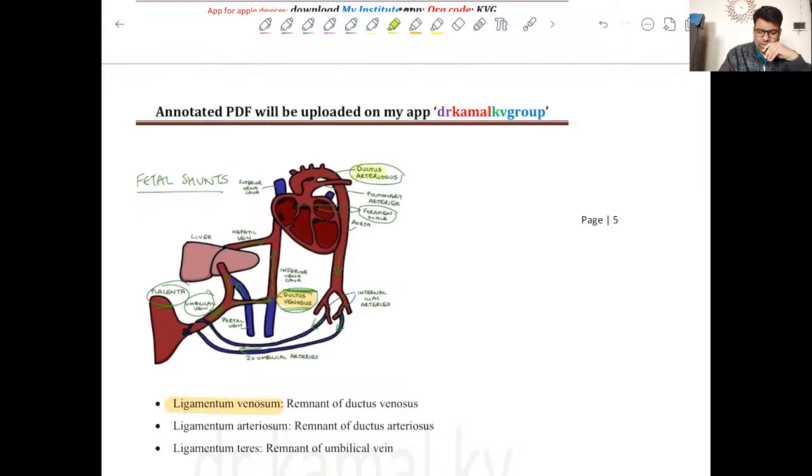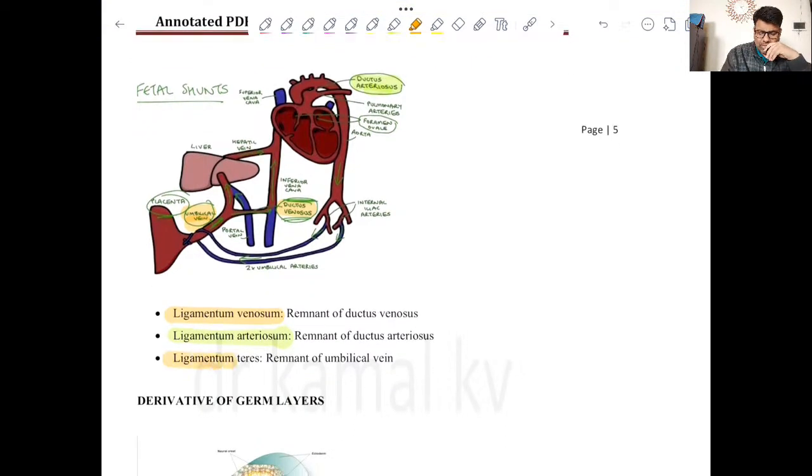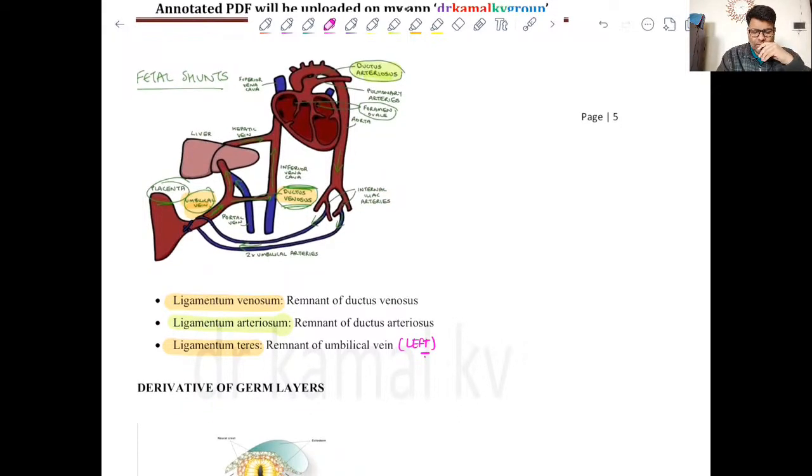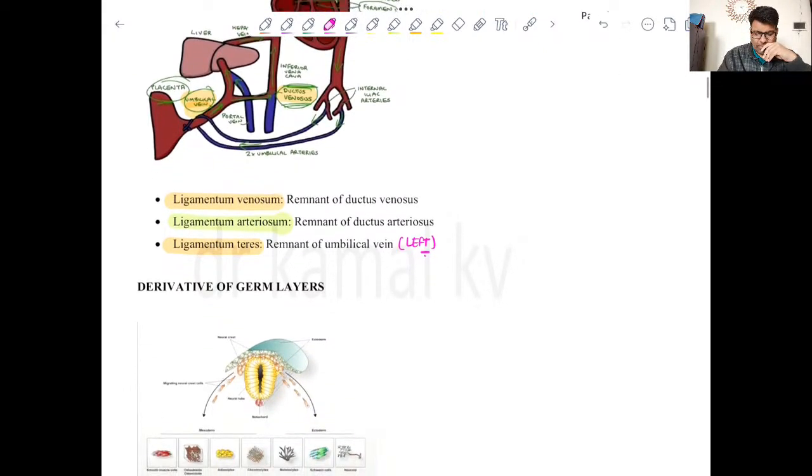Another important structure in fetal life is ductus arteriosus, which persists as ligamentum arteriosum, and one structure is left umbilical vein, which persists as ligamentum teres. So this is actually left umbilical vein because the right one disappears. So this is ligamentum teres. So these are three important structures which are very important in fetal physiology, but are replaced by some fibrous structures.